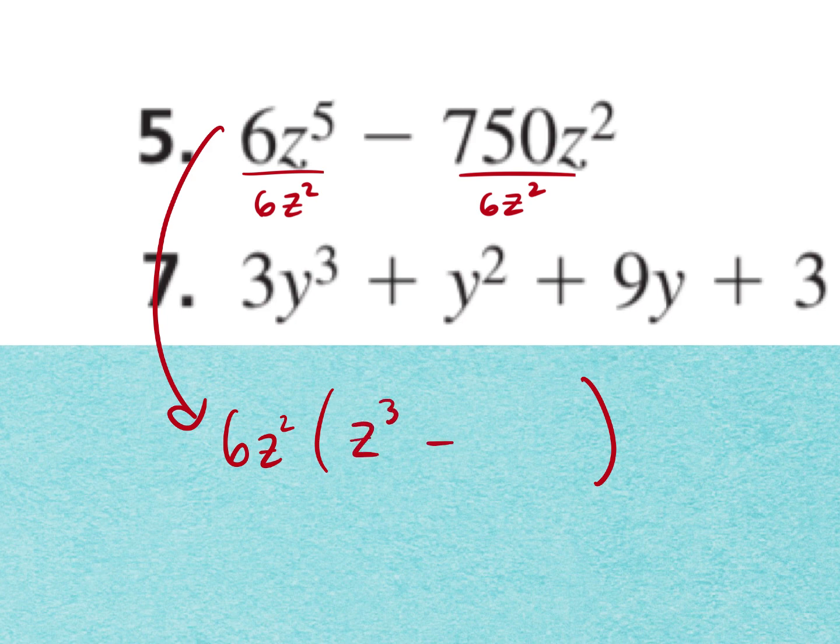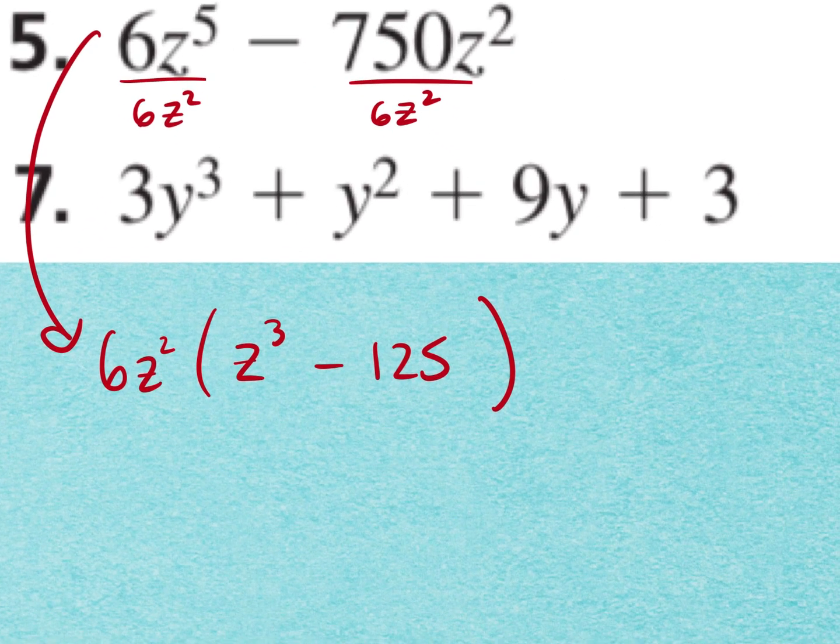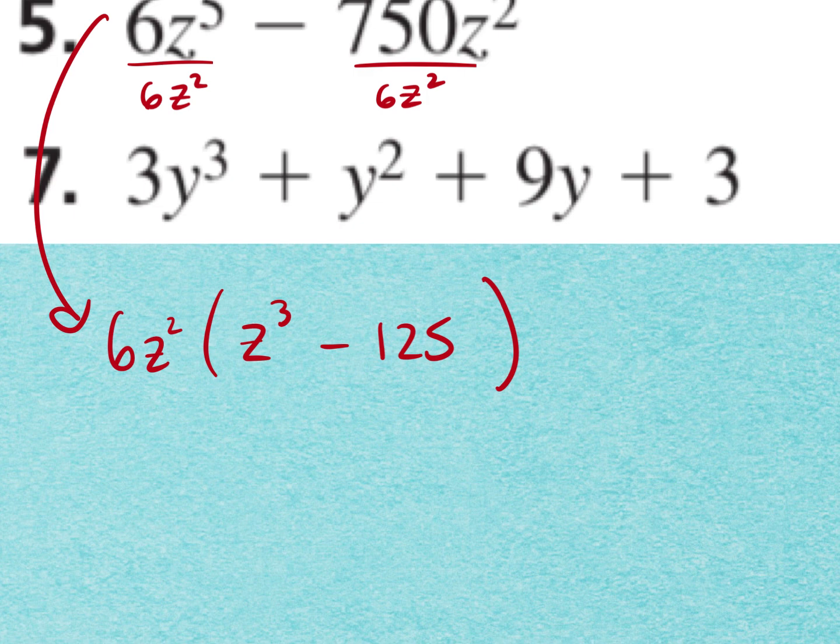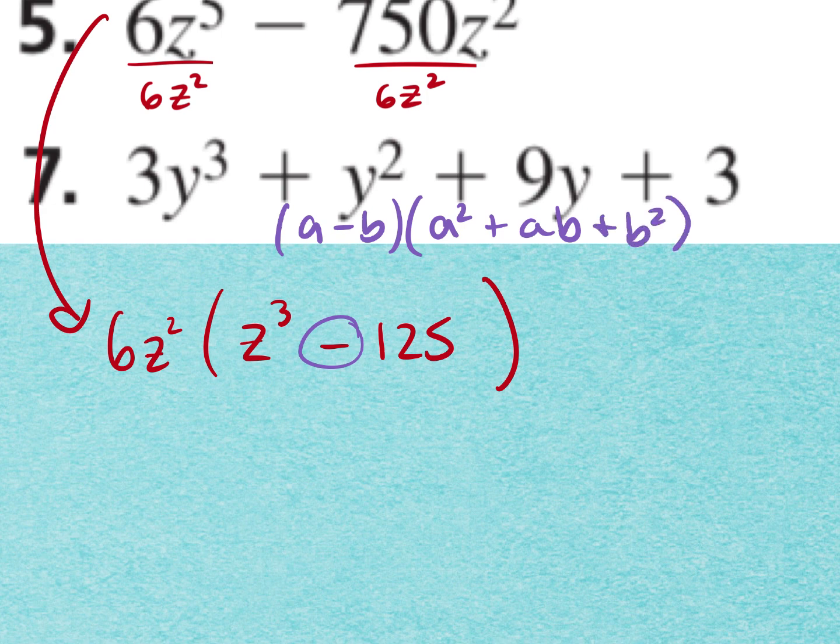Z cubed minus 125. Now what's special about both z cubed and 125? They're both perfect cubes, so we know we're going to have to use our difference of cubes formula because we are subtracting. So the difference of cubes formula goes a minus b times a squared plus ab plus b squared.